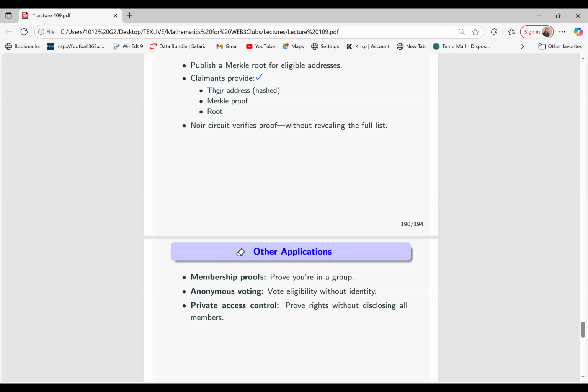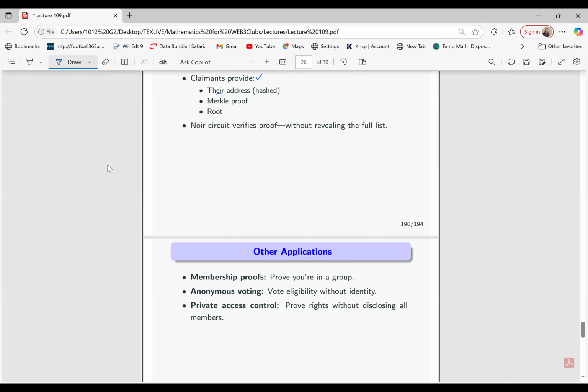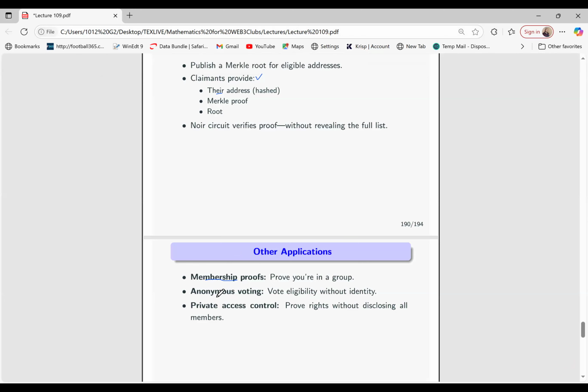What are other applications of this? Other than the airdrop I've mentioned, the other one would be membership proofs: prove you're in a group. Another would be anonymous voting, proving that somebody is qualified to vote without revealing their identity.